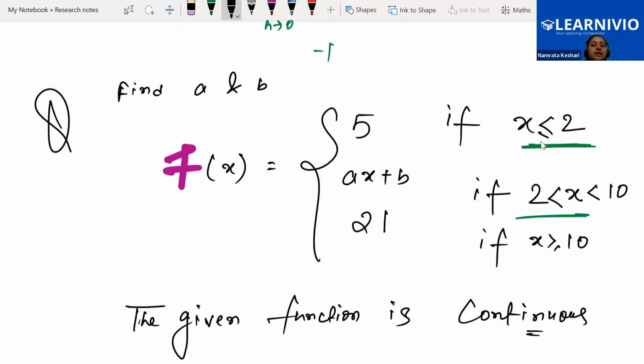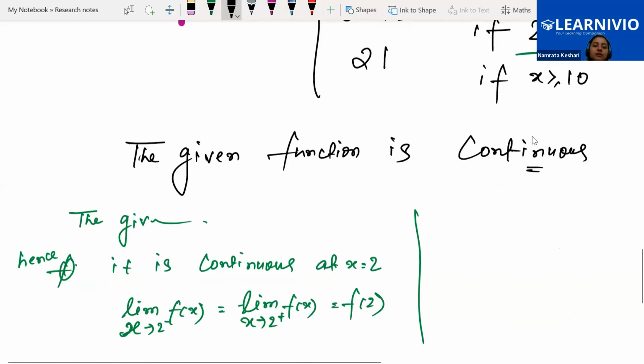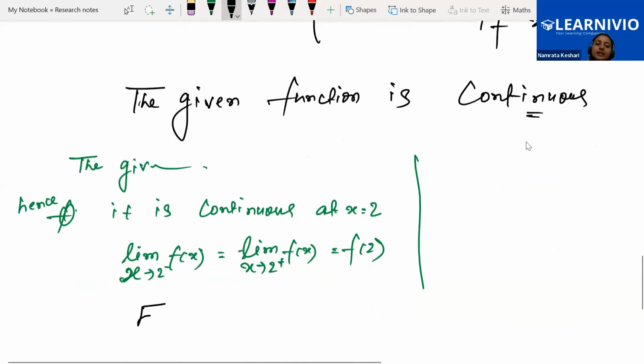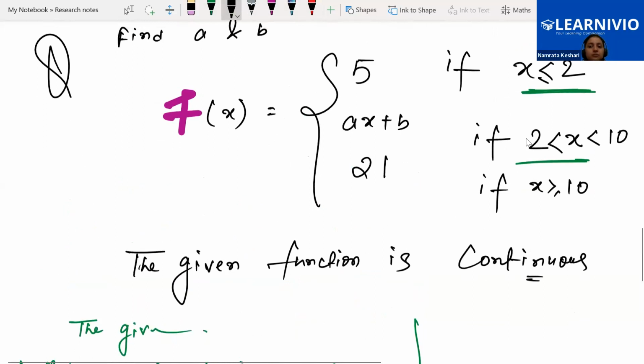So the left hand limit will be 5, right Fatima? Okay, here sine and all is not involved, so directly also we can.